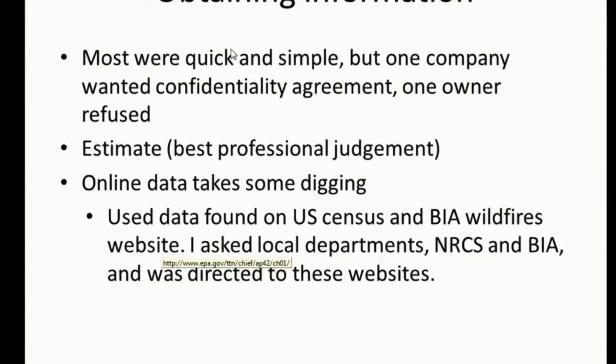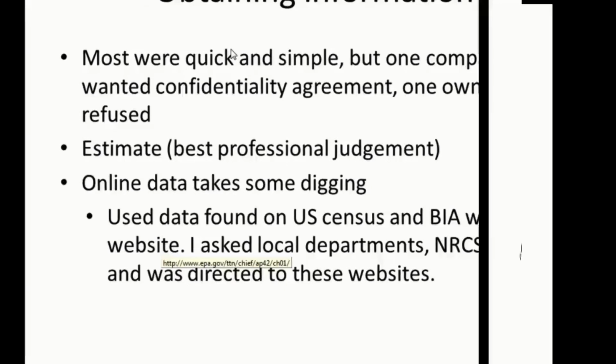Online data takes some digging, got to do some little investigating, but at first I did go to some local departments, the Natural Resources Office. I went to the BIA Fire Department, and they directed me to the different websites where they thought I could find the information I was looking for.